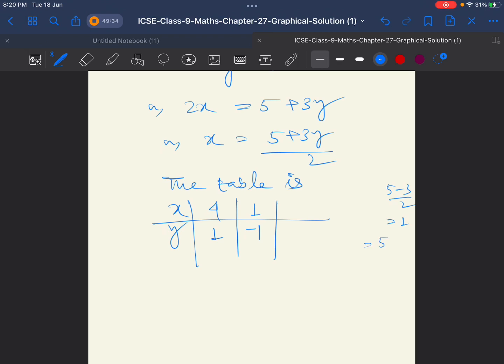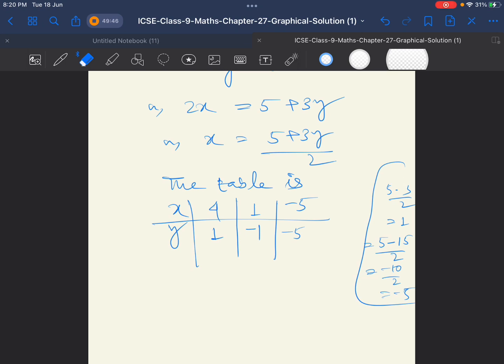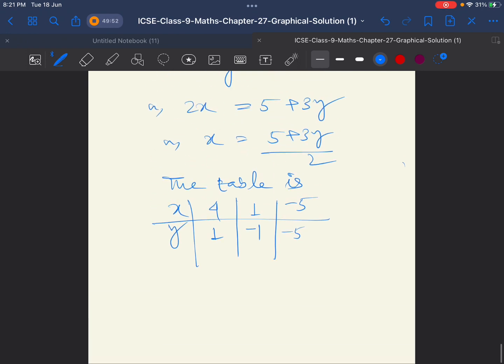The value of x is 1. Okay, if we take the value of y as minus 5, then (5 minus 15) by 2, minus 10 by 2, so x is minus 5.